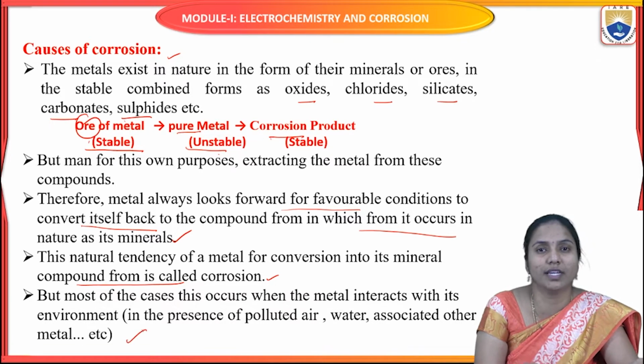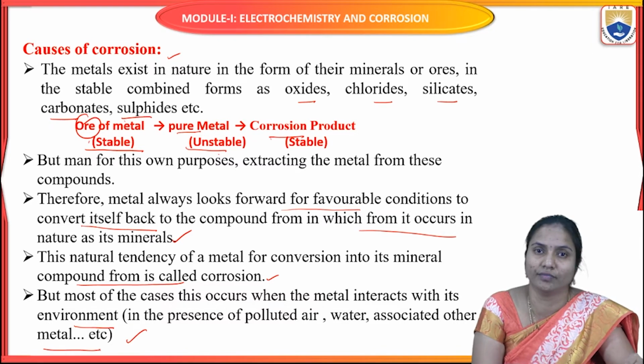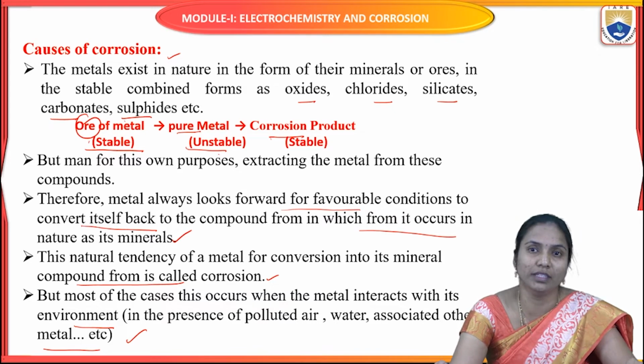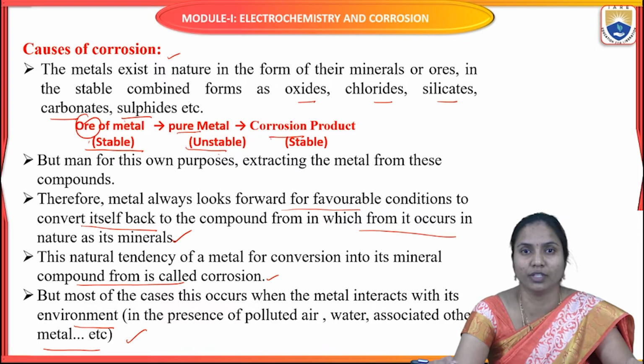In most cases, the metal interacts with the environment, in the presence of polluted air, water or other associated metal. So what is the meaning of corrosion? The natural tendency of metal for conversion into its mineral compounds is called corrosion.